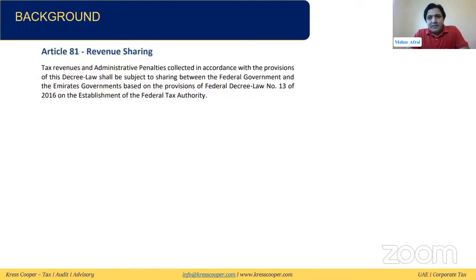Since the revenue is required to be shared between the federal government and the respective Emirates, we need to identify how much revenue the government will be sharing. This is the basis for setting up Emirates-wise reporting. Since the tax revenue and respective administrative penalties will be shared, Emirates-wise reporting is required. I believe this is the reason behind it.